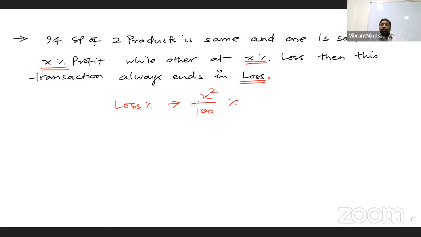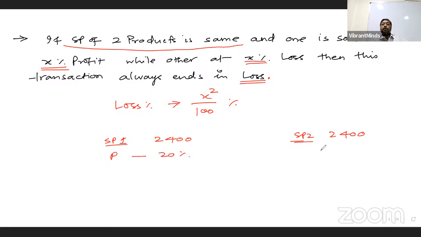Now understand one more time. I will show you how this is generated. Suppose selling price 1 is 2,400 and selling price 2 is also 2,400, because we have selling price of 2 products the same. Let's say on one there is a profit of 20% and on the other a loss of 20%.